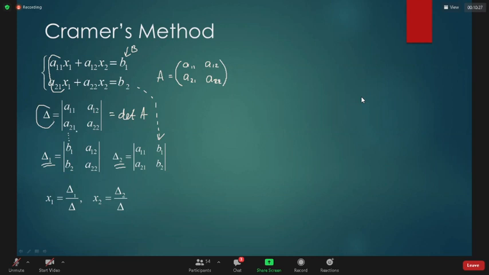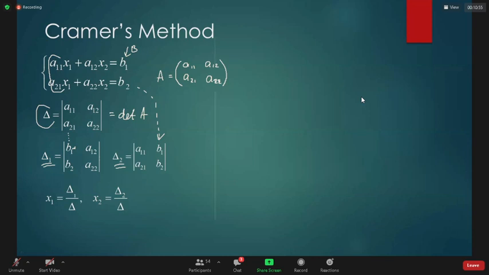So x1 and x2 can be found by dividing these determinants. This method is in fact the thing which gives us reason to define determinants as we do. So first of all, I will give you an example, and then I will try to explain how we arrive at this result.